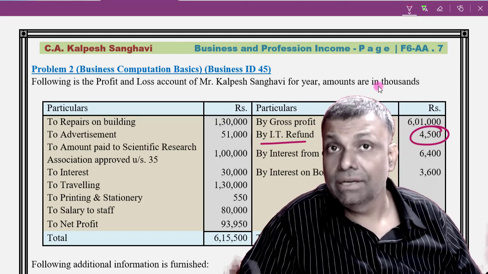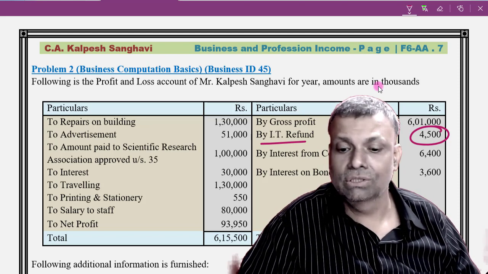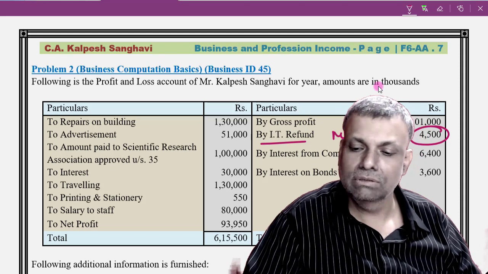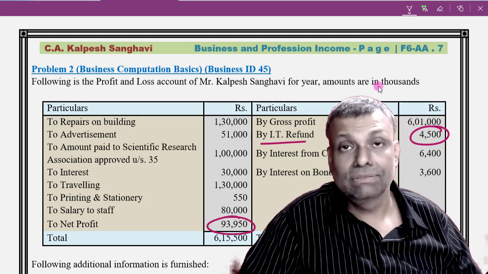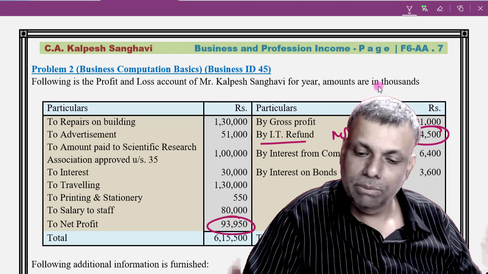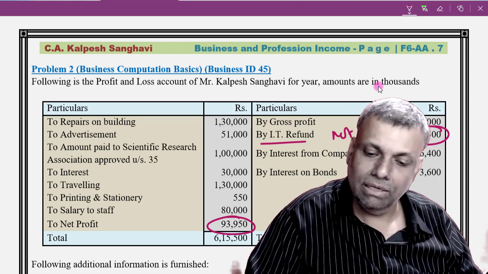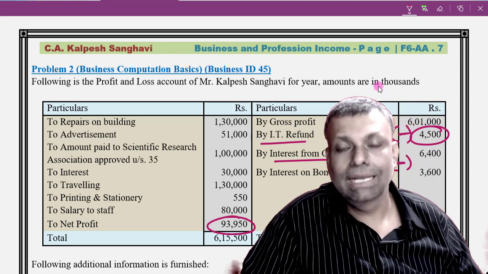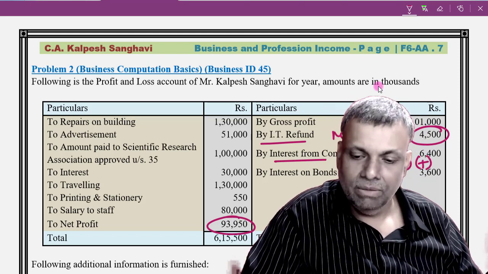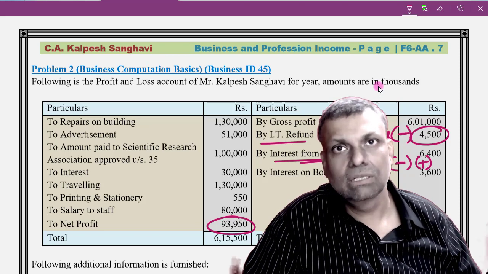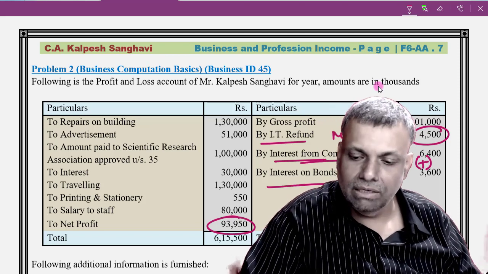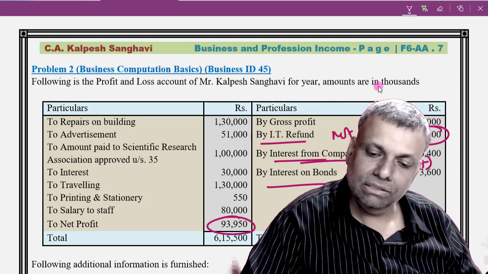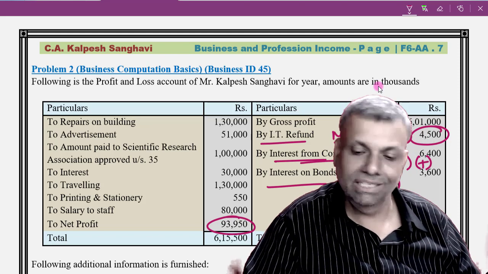But income tax refund is not considered income, because income tax is not allowed as a deduction. So I have to reduce 4,500, because I started my answer with 93,950 as my PNL. Interest on company deposit, I have to reduce from business income and add to IFOS. Interest on bonds, same thing, reduce from business income, add to IFOS. And interest on IT refund is only a reduction because it is not an income.